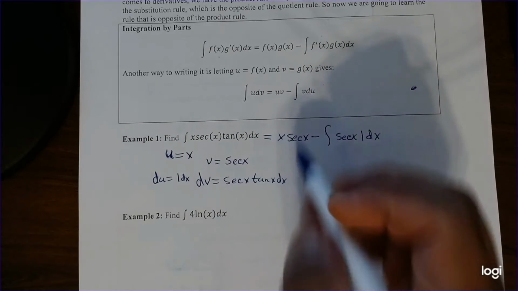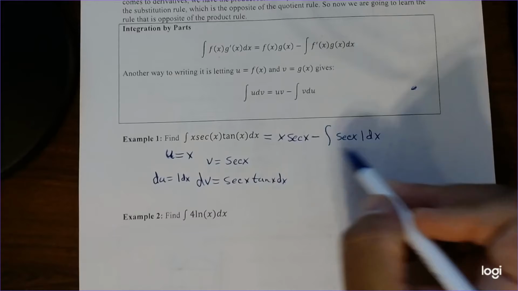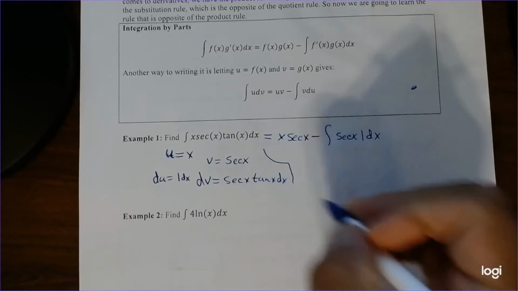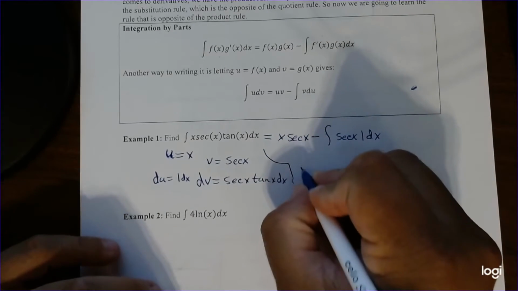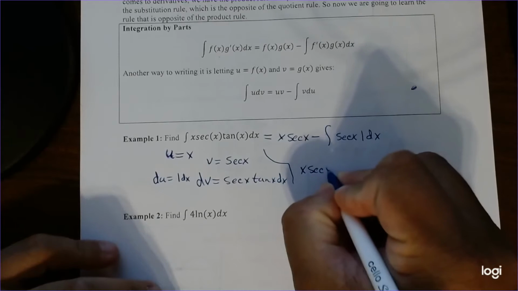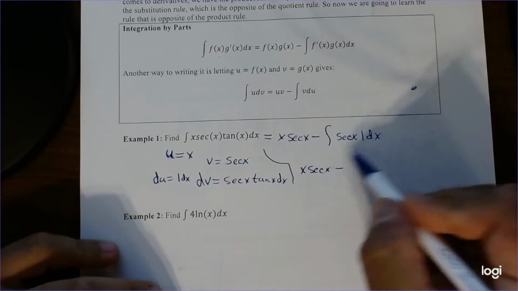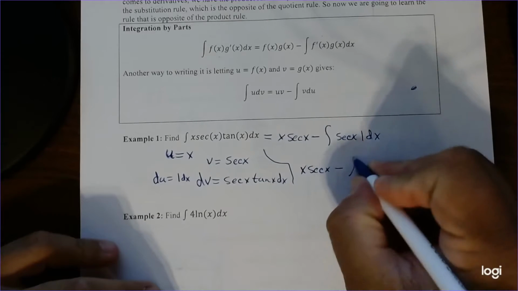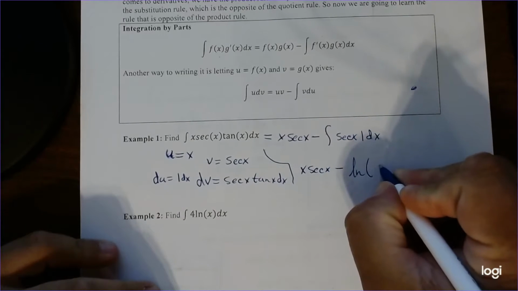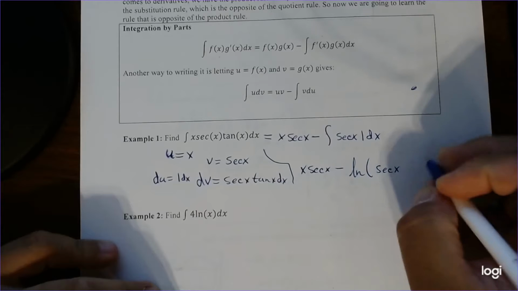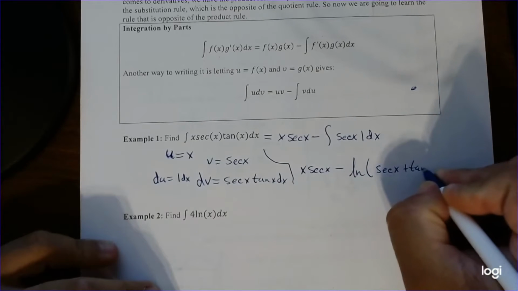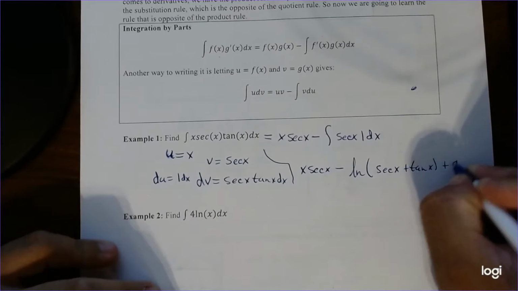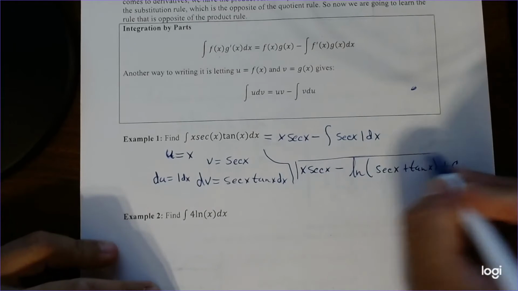We don't have to integrate the product anymore; we just have to integrate that. So this ends up being x secant x minus the integral of secant, because it's 1. The integral of secant is the natural log of secant x plus tangent x plus c, and there is our integral.